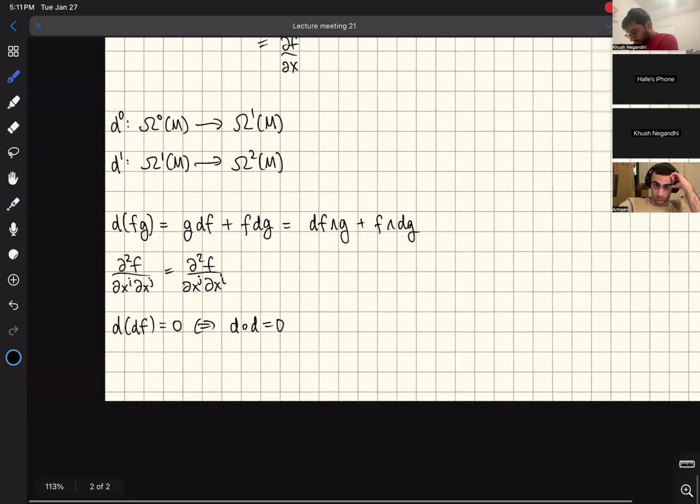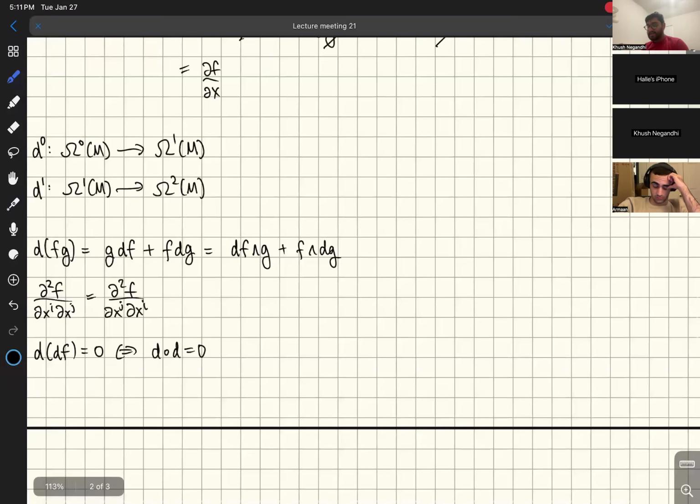Now the question is, is there such a map that satisfies all of these conditions? And it turns out there is.